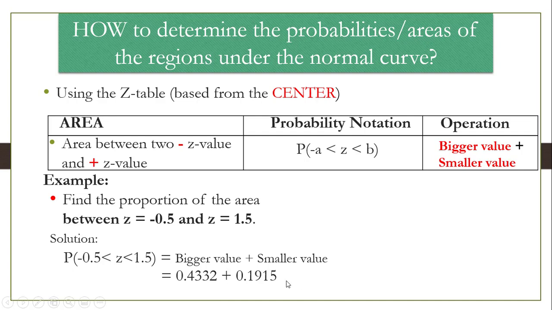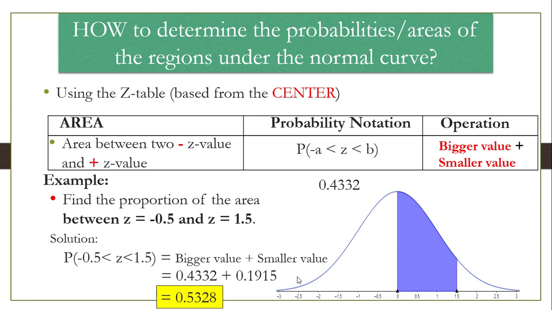So as we add this one, we will get 0.5328. Okay? Just add that one. If you have, just add the corresponding areas of those specific z values, and you will get the area between those z values. Okay? So, to illustrate this one, this would look like this.